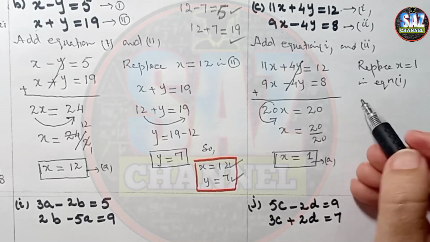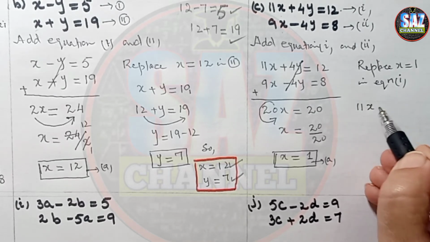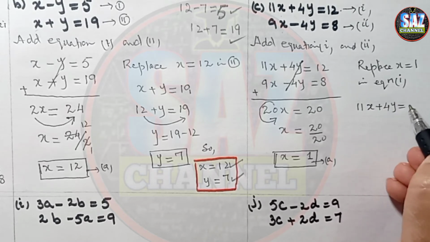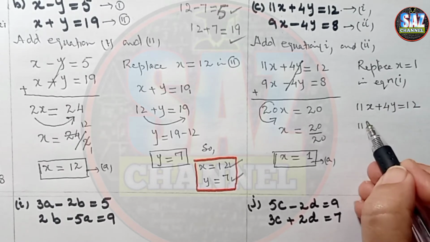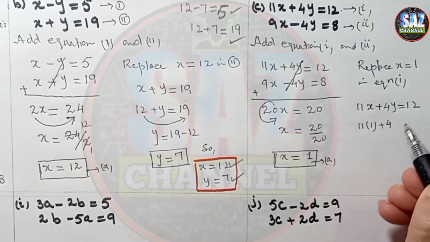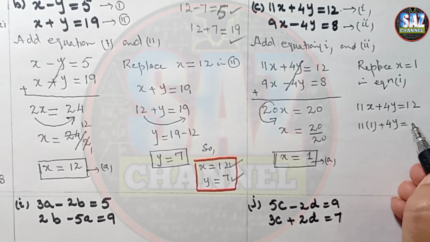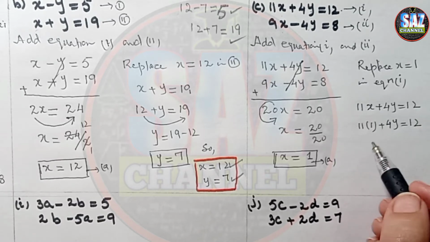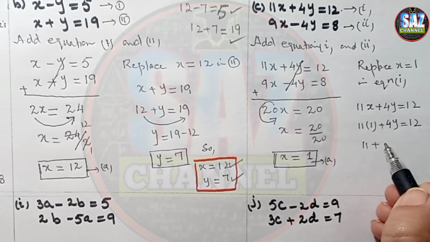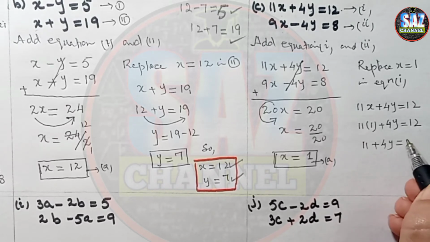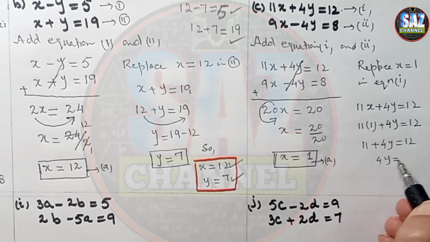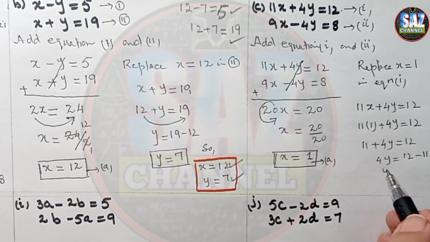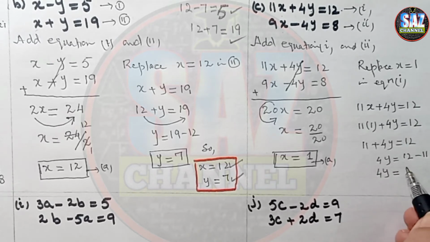So when I replace x by 1, the equation 11x plus 4y equals 12 becomes 11 into 1 plus 4y equals 12, and this gives me 11 plus 4y equals 12. 4y equals 12 minus 11, and this gives me 4y equals 1 and y equals 1 by 4.